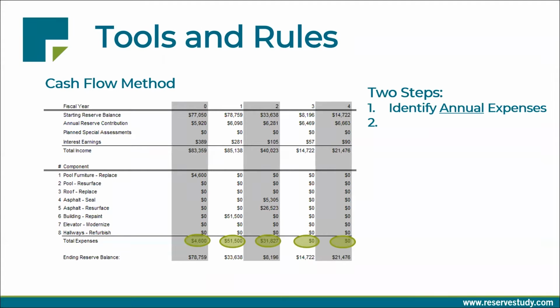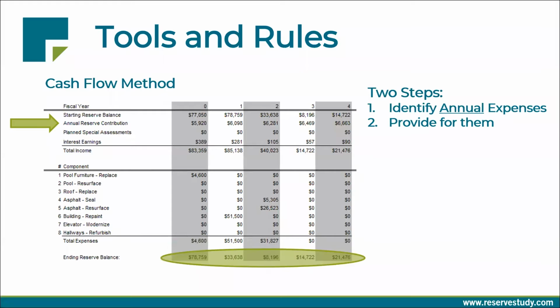You look at the reserve expenses, and then you provide the cash that is needed. You look at the annual reserve funding, find out, starting with the reserve balance, how much funds you need to put in, so you'll have enough money at the end of the year. You start the next year, and it's back and forth and back and forth.